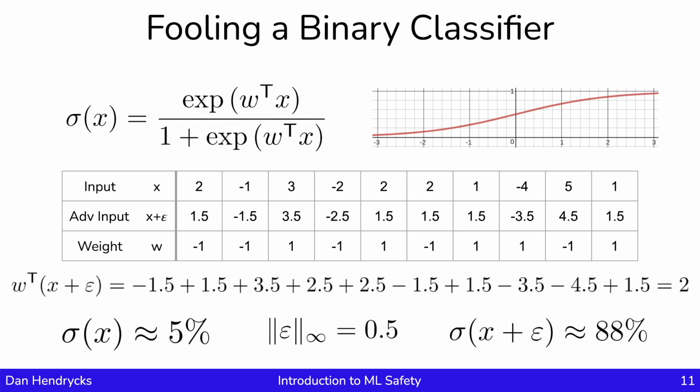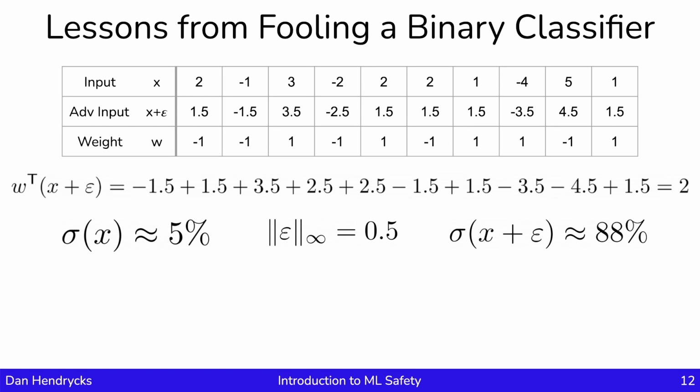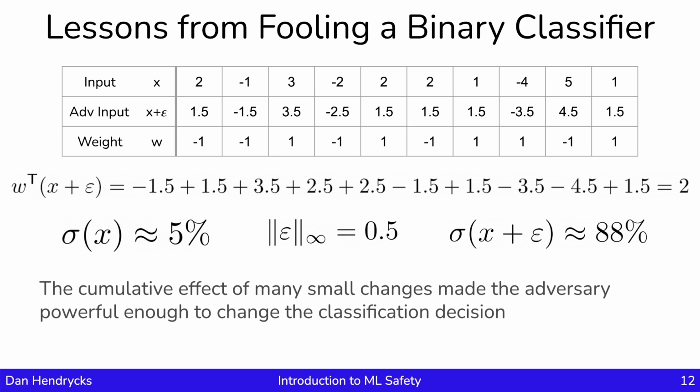In this case, the L infinity norm is just 0.5. So we did many small changes, but we were able to change the probability value from a small amount to a fairly large amount. Here's some lessons from this example. One is that the cumulative effect of many small changes can make the adversary powerful enough to change the classification decision.